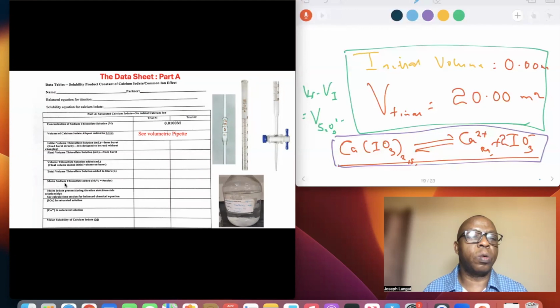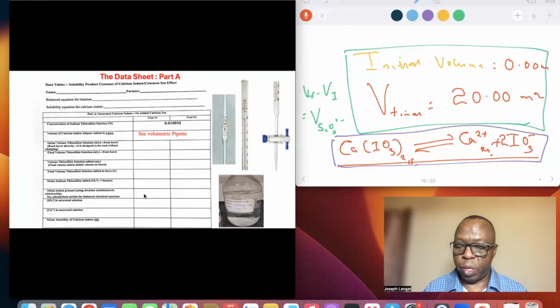For the moles of thiosulfate, your titrant, it is determined from the molarity equation and the volume in liters. This is the molarity of thiosulfate and the volume used in titration in liters to get the moles.